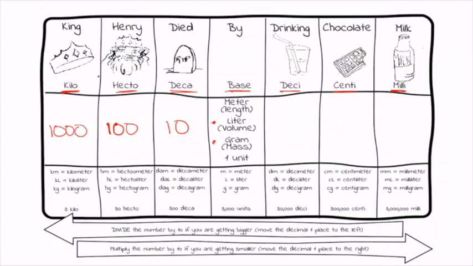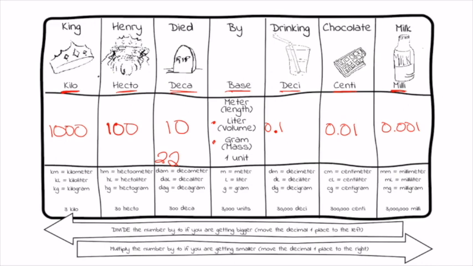If we're going the other way, a decimeter would be 0.1, a centimeter 0.01, and a millimeter would be 0.001 meters.